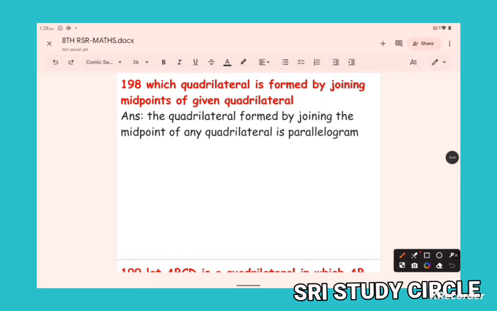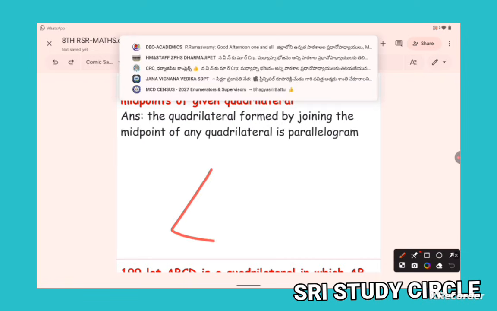Next question. Which quadrilateral is formed by joining midpoints of a given quadrilateral? Suppose this is a quadrilateral, ABCD.